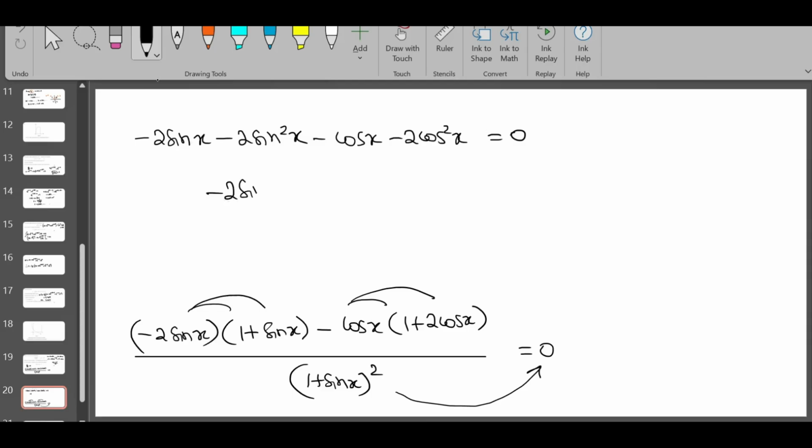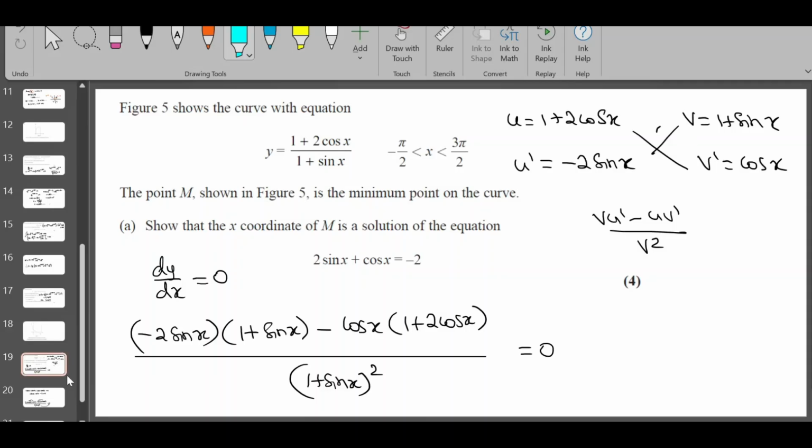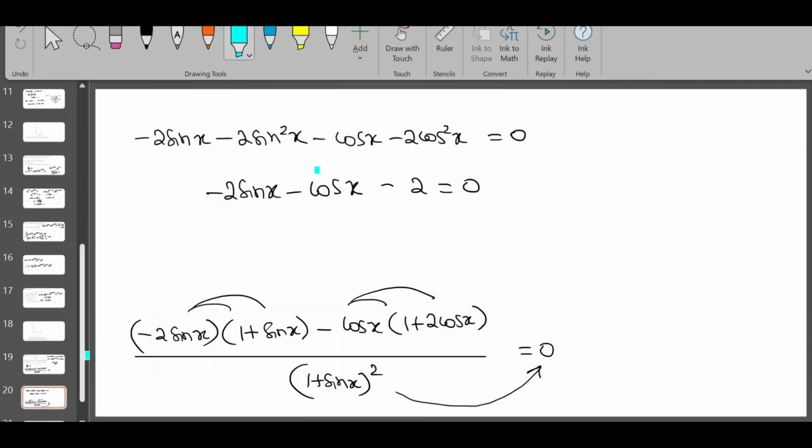So minus 2 sin x minus cos x minus 2 is 0. I think this is the equation they want us to frame, right? So just push these two terms to the other side. You get the equation 2 sin x plus cos x is equal to minus 2. That's the required equation.